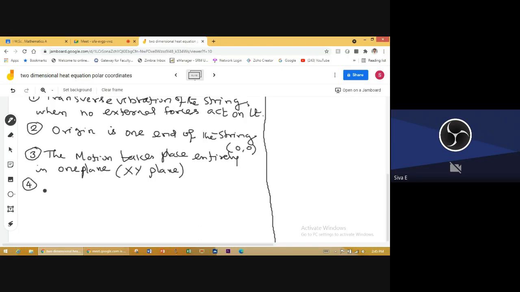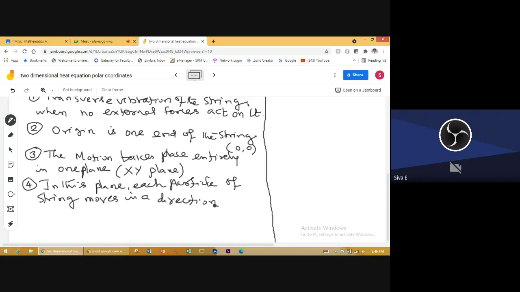Fourth point is in this plane each particle of string moves in a direction perpendicular to the equilibrium position of the string.